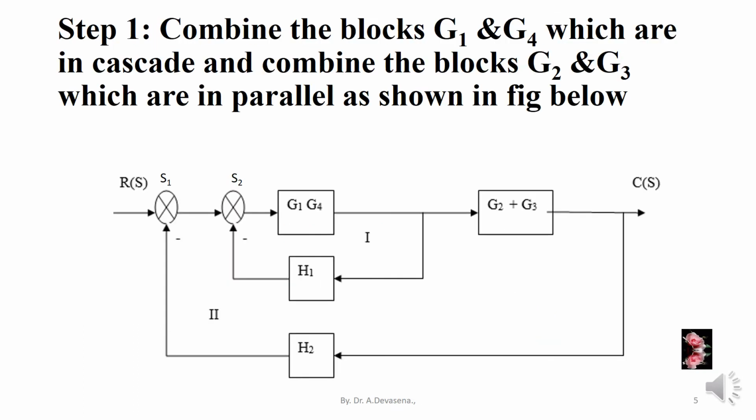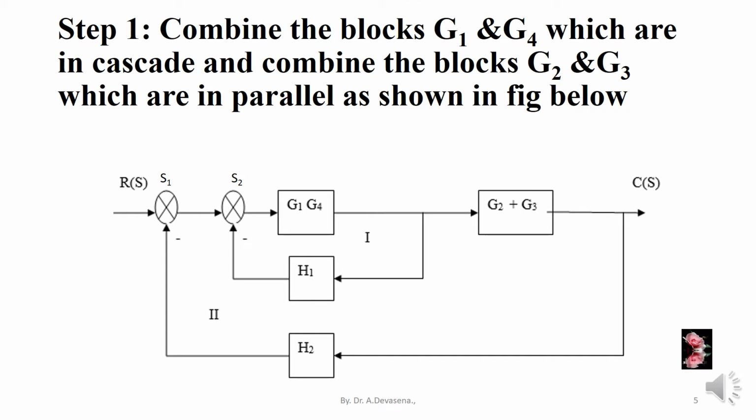Now step 1. Combine the blocks G1 and G4 which are in cascade and combine the blocks G2 and G3 which are in parallel as shown in the figure below. This is the diagram. By using the rule for blocks in cascade, we can combine G1 and G4 blocks into one.